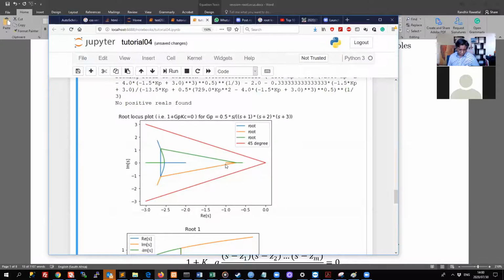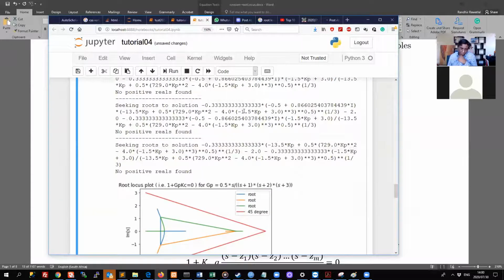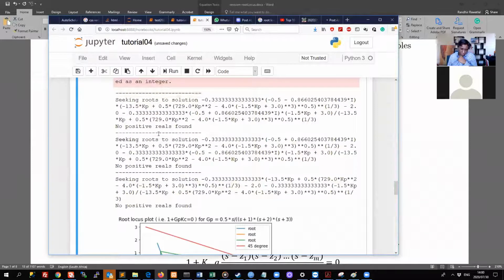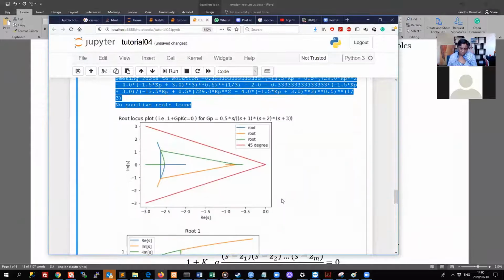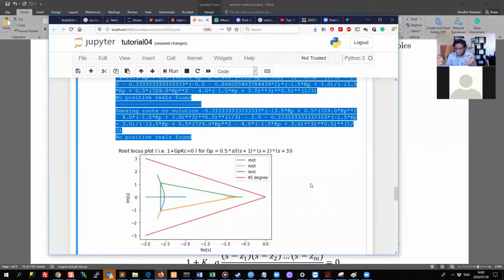And for the -1 locus, there is a tendency to move in towards the 0. And by the way, the colors don't really mean anything. It's just that when this is solved, it generates the solutions in this way. But this is just a locus of points.